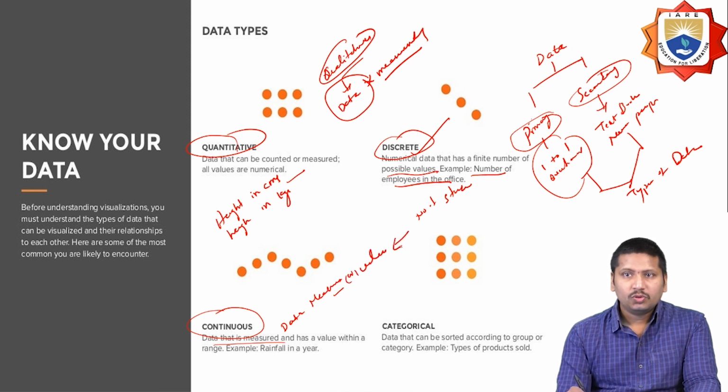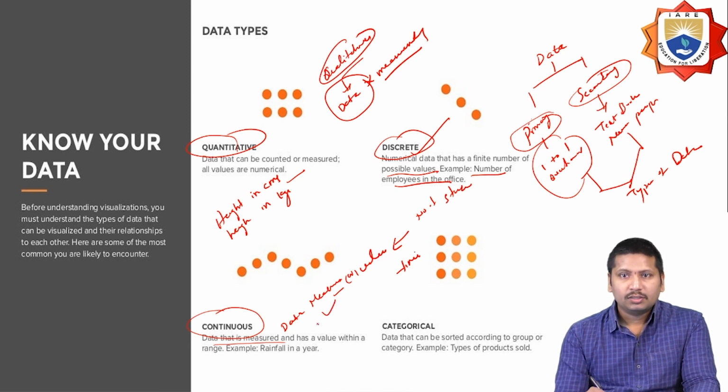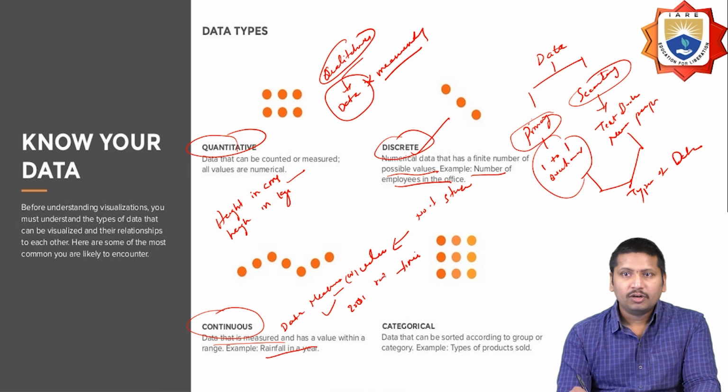The data is going to be measured with respect to time. Like rainfall in a year: in 2001, how many centimeters of rainfall, like 2 centimeters, and in 2002, 2003, like this, it is going to change.